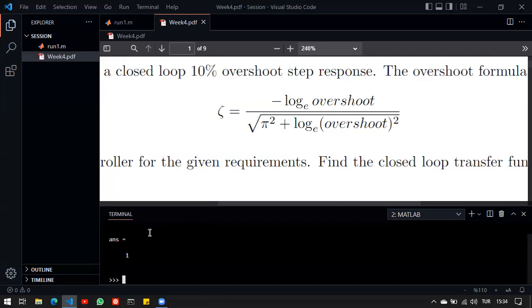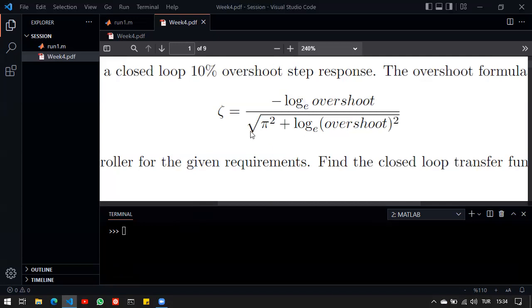So if you take the log of e, you will get 1. If you want to use log 10 or log 2, there are functions called log2 and log10. So if I provide 10 there, I again get 1. To not confuse you, I've changed the notation here. So if you're using a calculator, please be sure that you're using the natural log here.